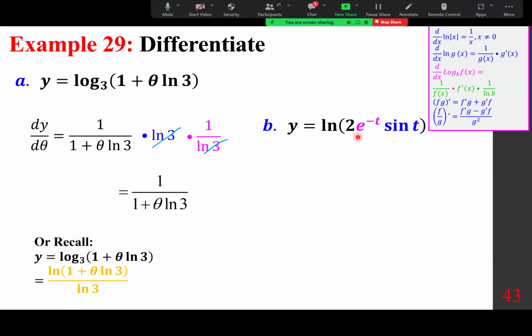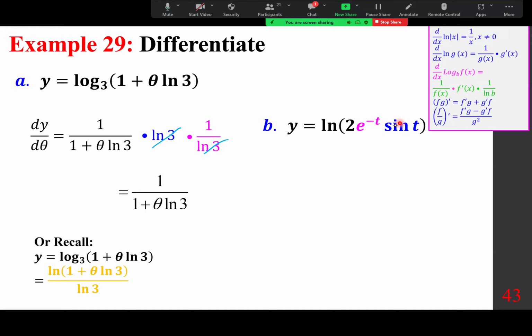Y equals ln of 2 e to the power minus t sine t, and we are going to simplify this first before we do differentiation. Natural log of this times this times this.